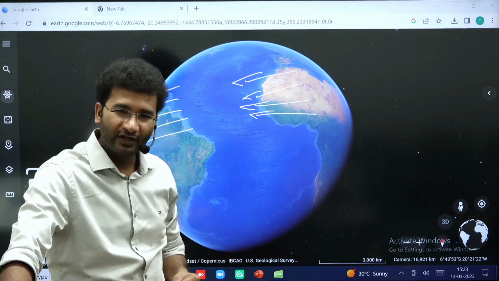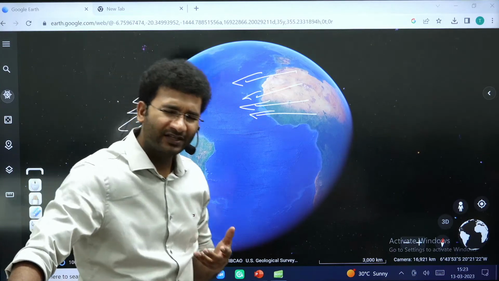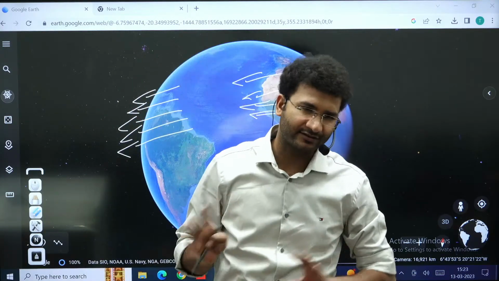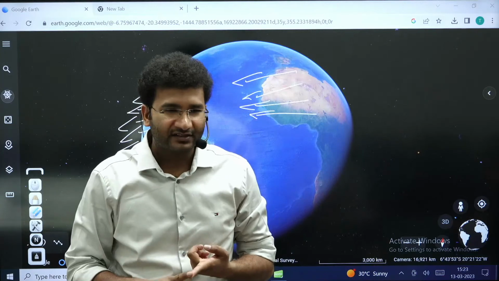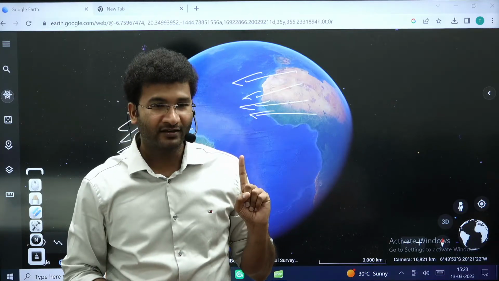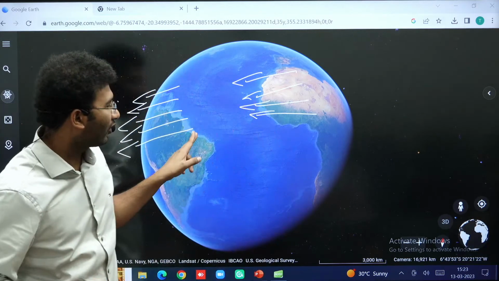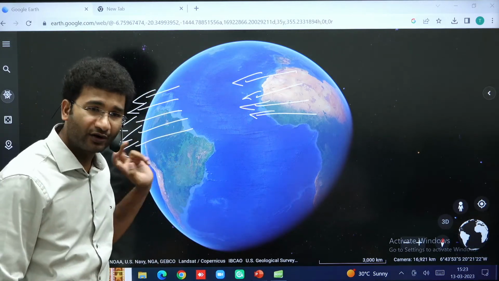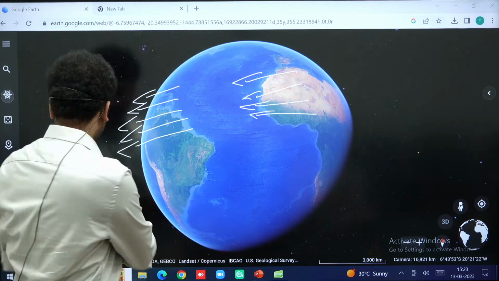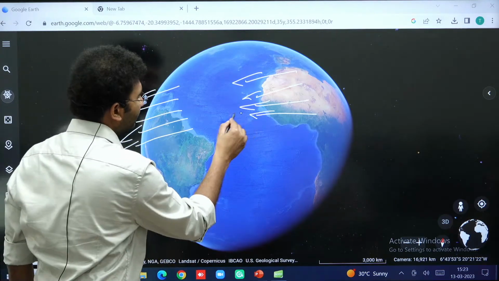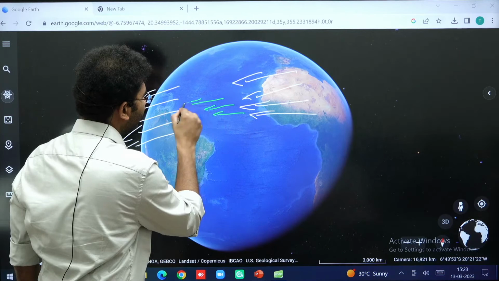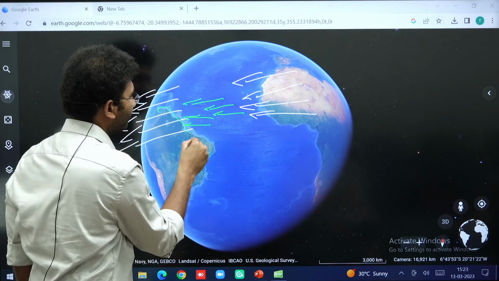Now, the movement of the water will be influenced by several factors that we will take up in the next class. Those factors are the Coriolis force also. If the water is moving, the Coriolis force also acts. The same water will also be influenced by the shape of the continent. Suppose the water, in the green color I am using, is moving in this direction and gets hit by the coastline here.